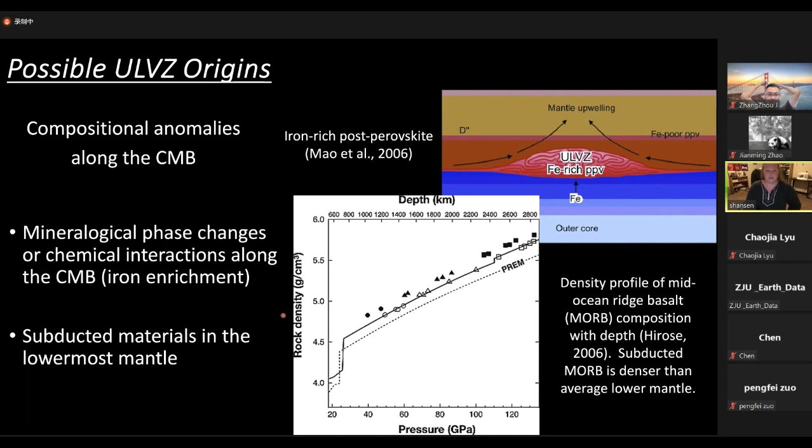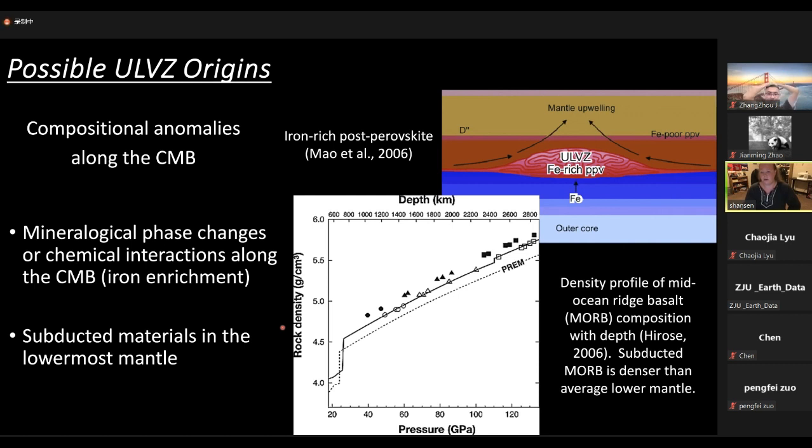Alternatively, it's also been suggested that subducted materials that have reached the deep mantle could potentially be a compositional source for ULVZs. The other image shown here at the bottom was taken from Hirose 2006. And what they were looking at is how the density of mid-ocean ridge basalts, or MORB, changes with depth.